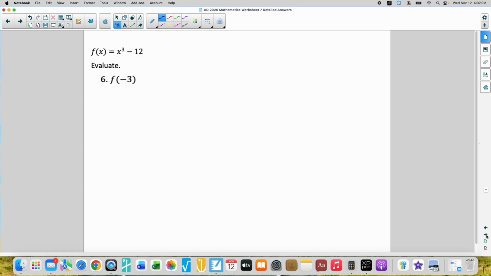Are we going to go to 25? No. Good. All right. Now, this is an output. So this value is an output, and it wants to know what is the output when the input is negative 3. It tells you what you're inputting.